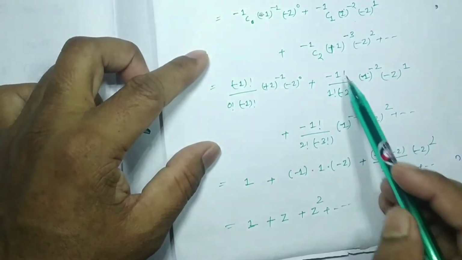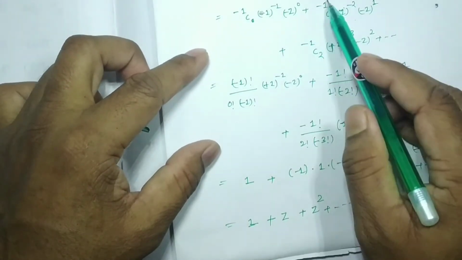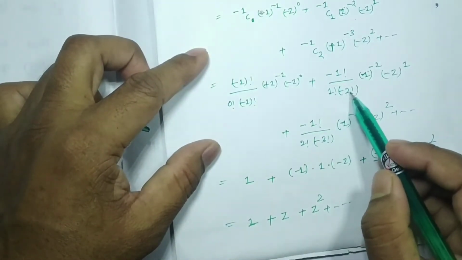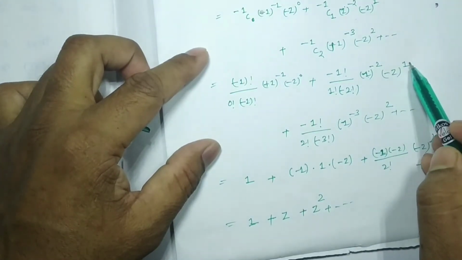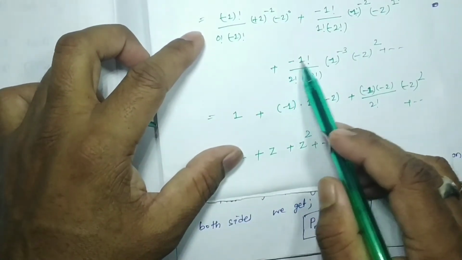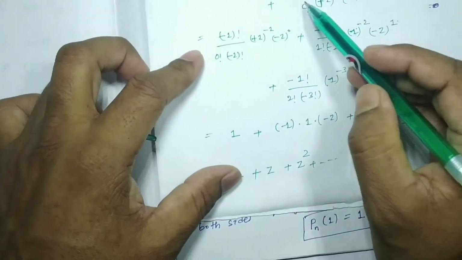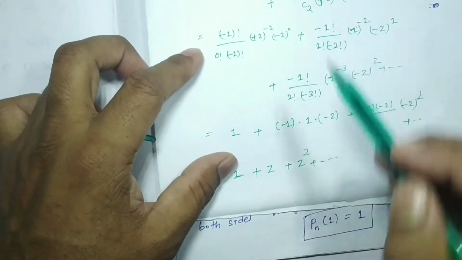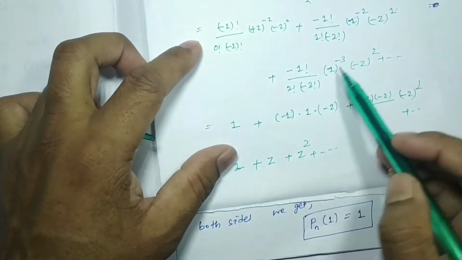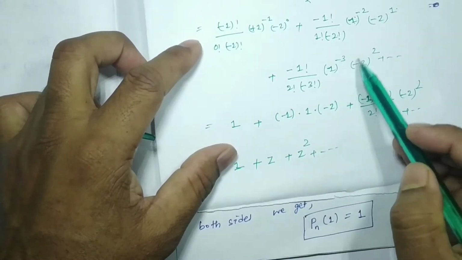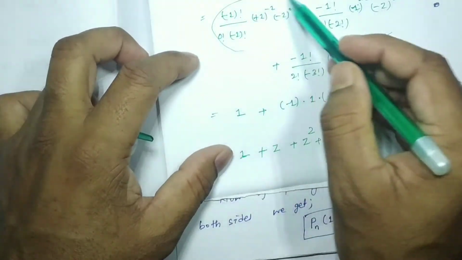Minus 1 factorial by 1 factorial divided by minus 1 minus 1, that will be minus 2 factorial, and 1 to the power minus 2 minus z to the power 1, and this will be minus 1 factorial by 2 factorial because this is minus 1 C2. So minus 1 factorial by 2 factorial into minus 3 factorial into 1 to the power minus 3 into minus z to the power 2.